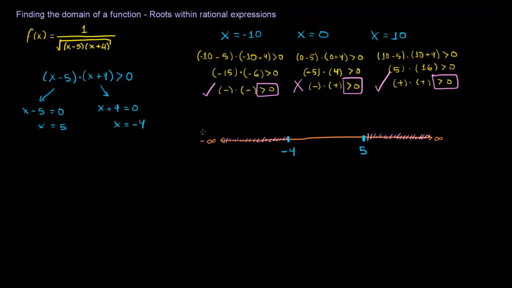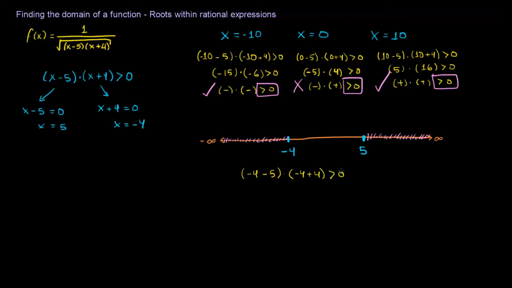And finally, we have to check as well what happens with negative 4 and 5 in this expression, just so you see. It will be negative 4 minus 5 times negative 4 plus 4.